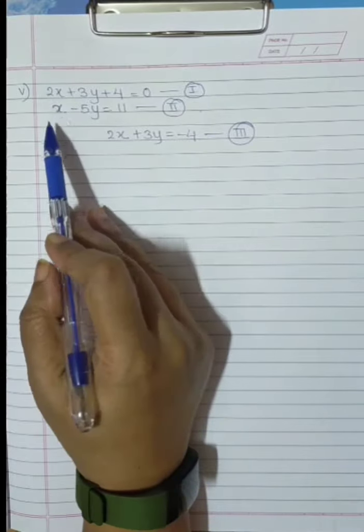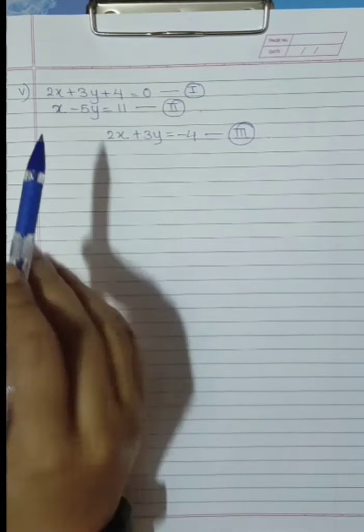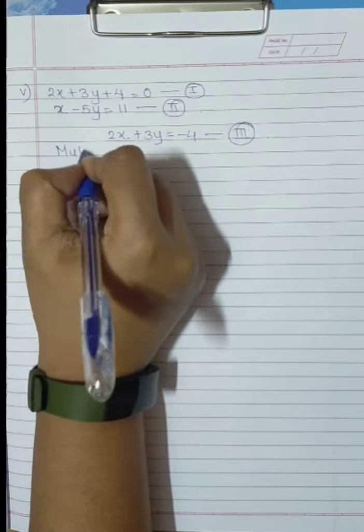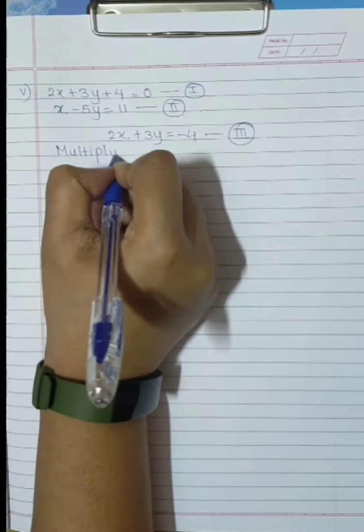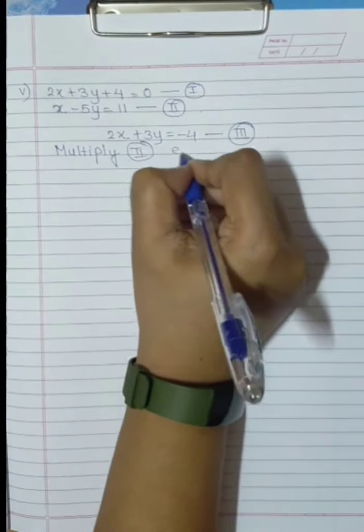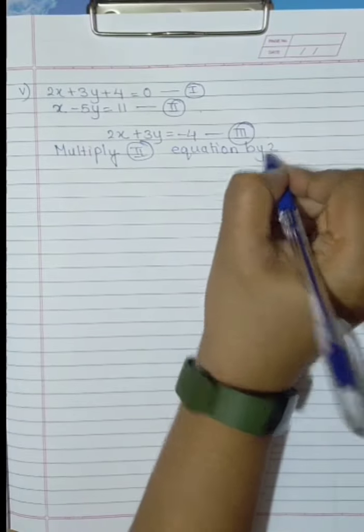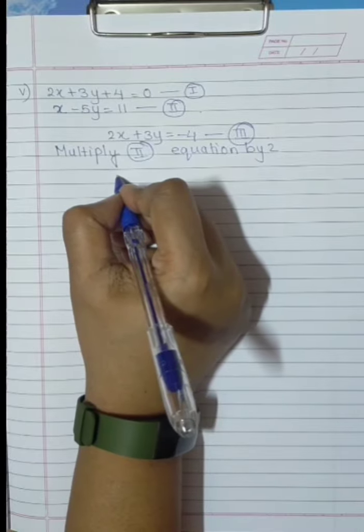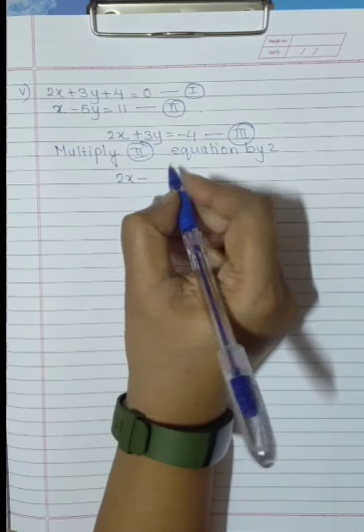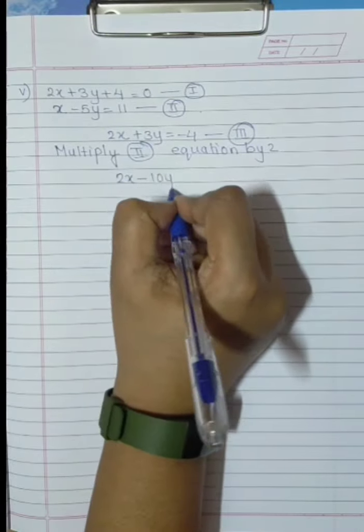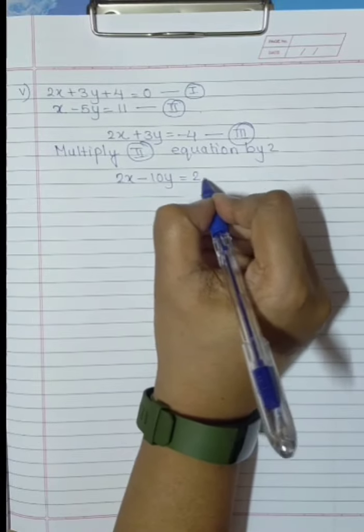So now what we are going to do, we will multiply the second equation by 2 so that we will get 2x here. Then what will the answer be? 2x minus 10y equal to 22.